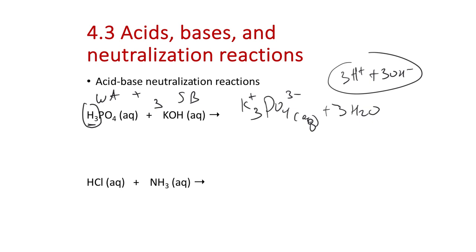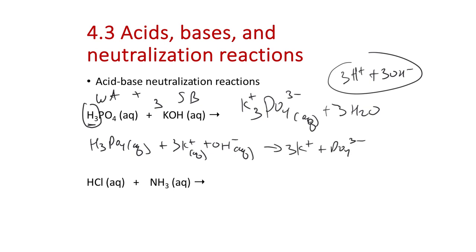If I wanted to write the net ionic equation, the net change, again, I don't dissociate phosphoric acid because it's not a strong electrolyte. KOH is a strong electrolyte, so I get K plus aqueous and hydroxide ion aqueous, forming 3 K pluses and phosphate ion, a water-soluble ionic compound.